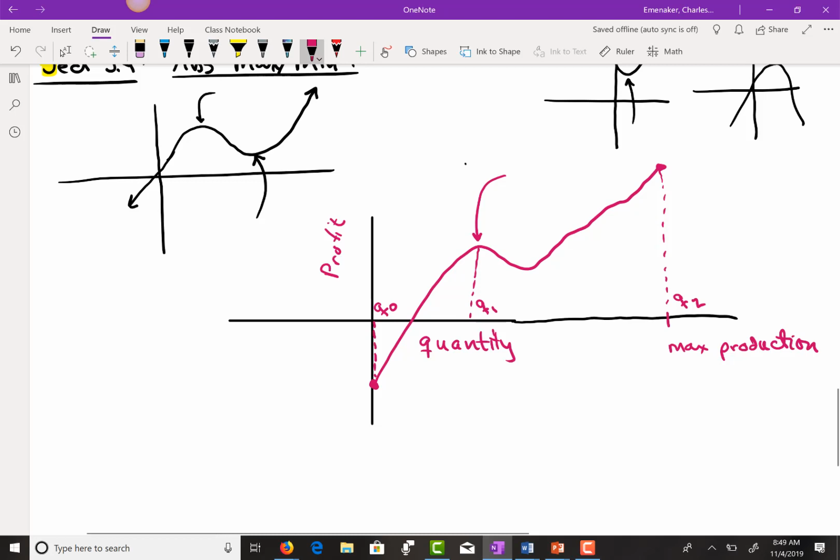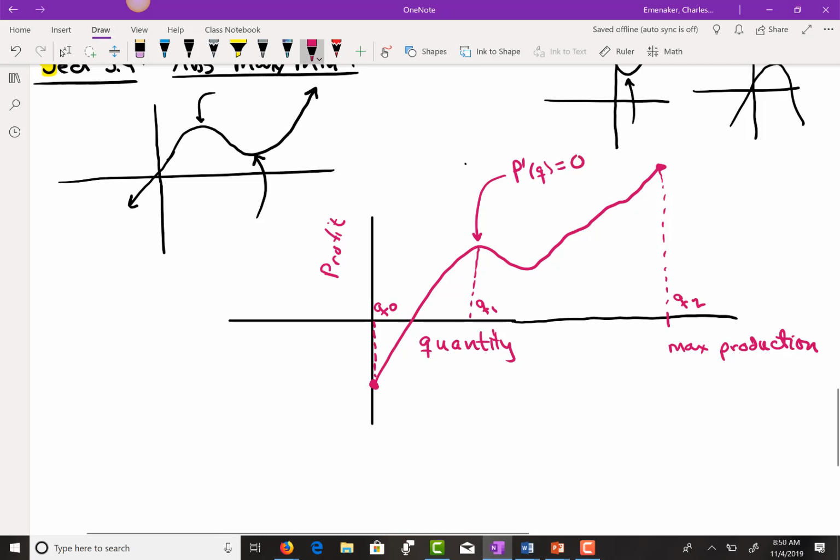When you are looking for an absolute maximum, there are several places you need to check. You need to check at all of the points where the derivative is 0.